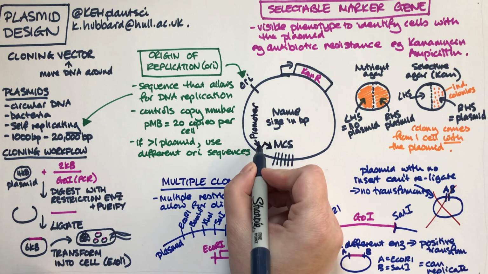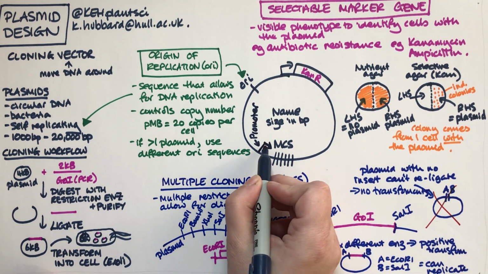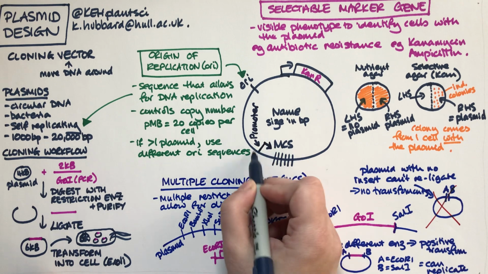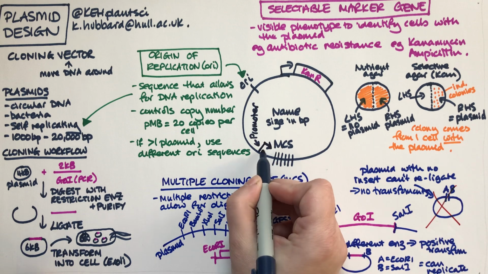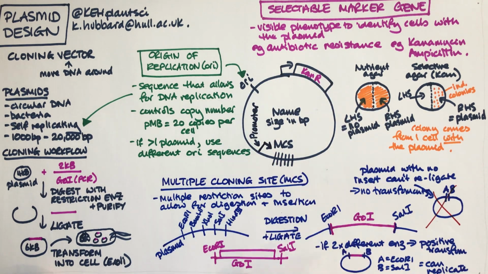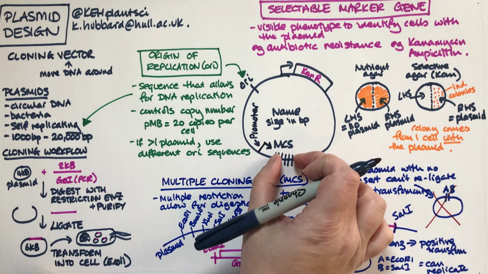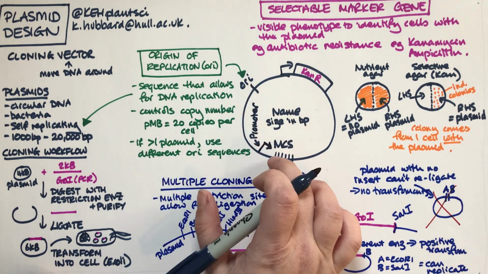So we might put in something that's always switched on, which is known as a constitutive promoter. We might put in one that's regulated by temperature, one that's regulated by sugar concentration. So what we often do is put a synthetic promoter in the plasmid, and then we just put the gene sequence into the multiple cloning site. So then we've taken the gene, we've uncoupled it from its natural promoter, and we've put a synthetic promoter in there.